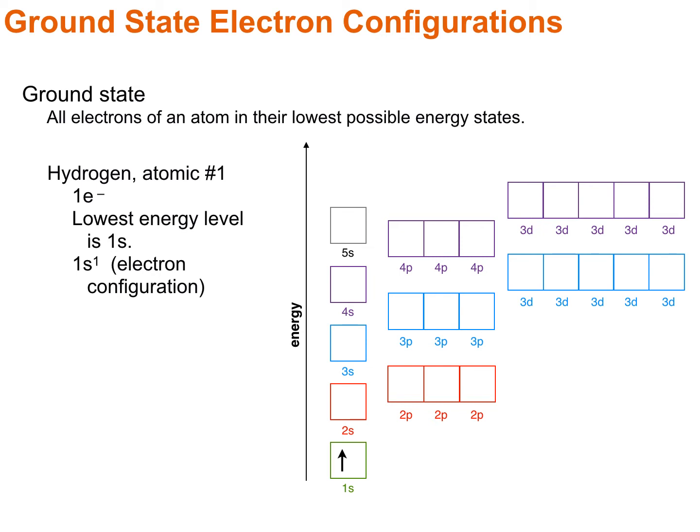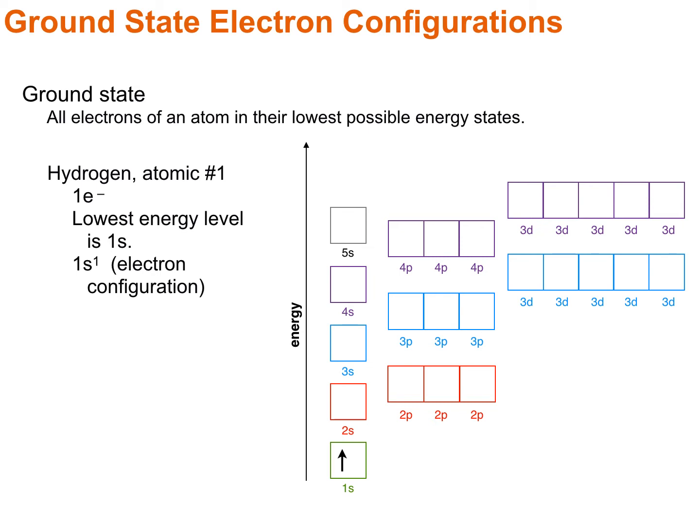That's the first thing. The second thing that I want you to notice is that the 3d subshell is higher in energy, even though it's slight, but it's higher in energy than the 4s. Okay? It's higher in energy than the 4s.